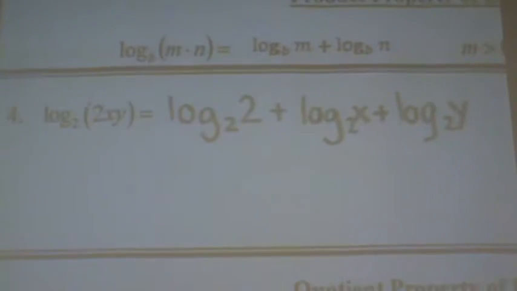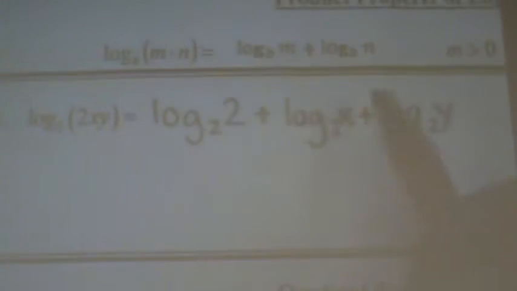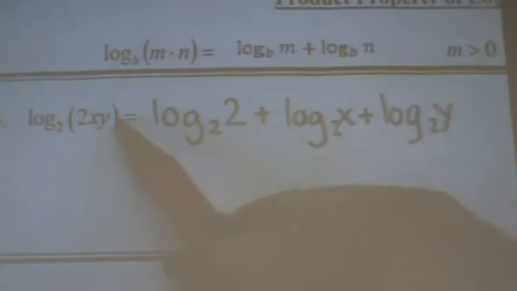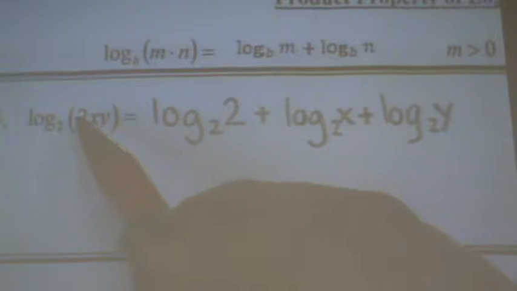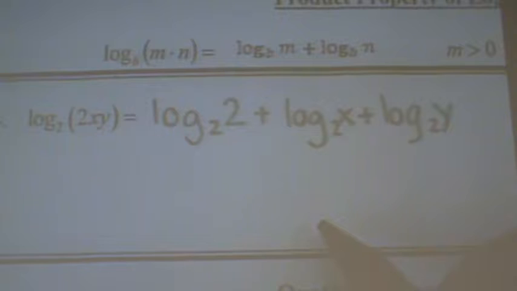Now what do you notice I did? I kept all the bases as 2, and if you want to think of distributing, you separate them each with a plus sign. Now, they always want you to simplify. Look at these 3 terms. Do you know what one of them equals?